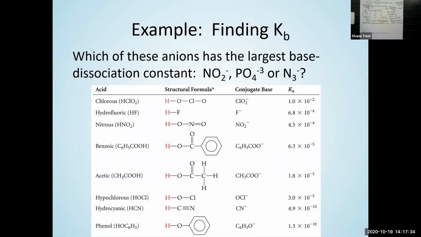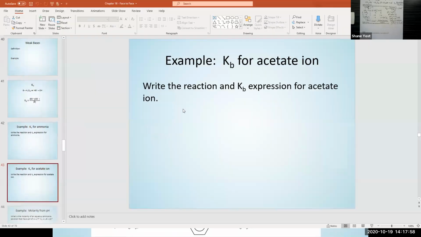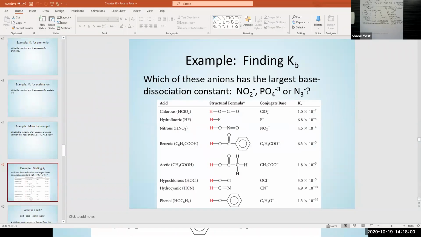The question is, out of the list of these bases, NO2 minus, PO4 3 minus, or N3 minus... Oh, I forgot I didn't give all of those. Let's change the question slightly, since not all those are given.